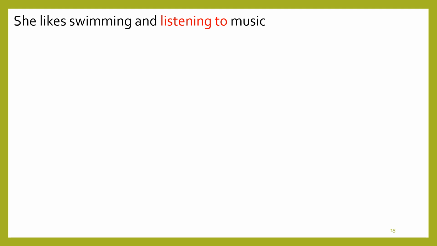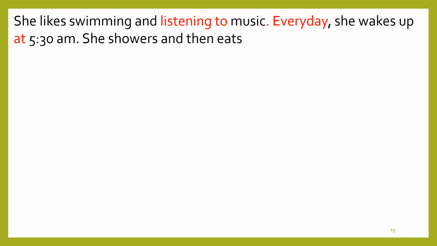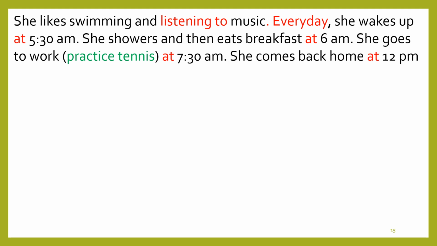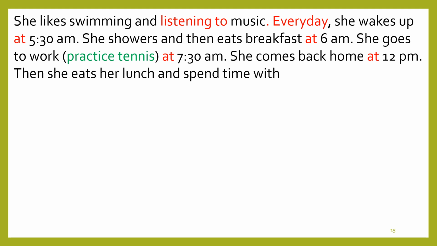Now, pay attention to the words and see how it is written. She likes swimming and listening to music. Every day she wakes up at 5:30 a.m. She showers and then eats breakfast at 6 a.m. She goes to work at 7:30 a.m. She comes back home at 12 p.m. Then she eats her lunch and spends time with her family.